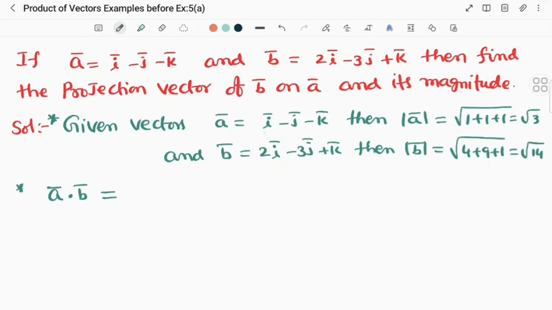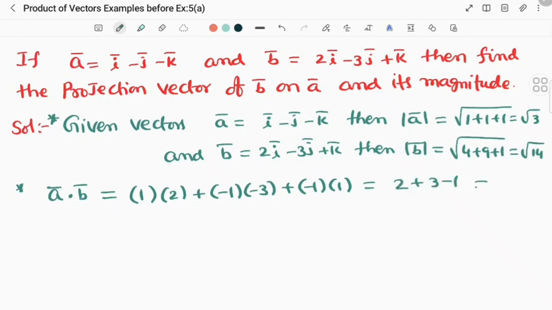So 1 into 2, their i bar coefficients multiply. Next, j bar coefficients you have to multiply, plus k bar coefficients you have to multiply. So which is equal to 2 plus 3 minus 1, that is equal to 4. A bar dot B bar value.